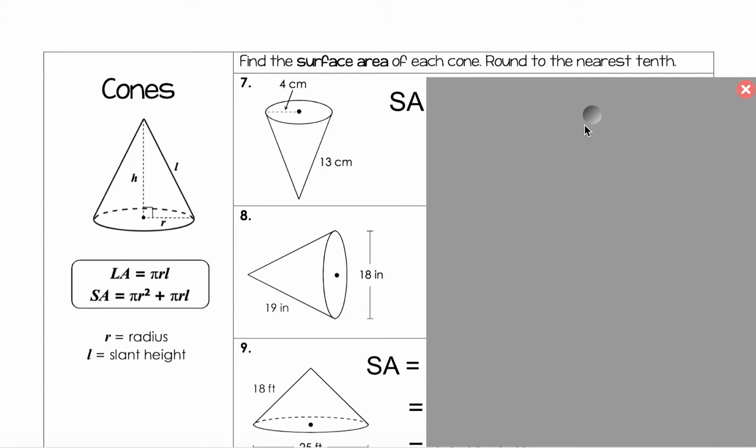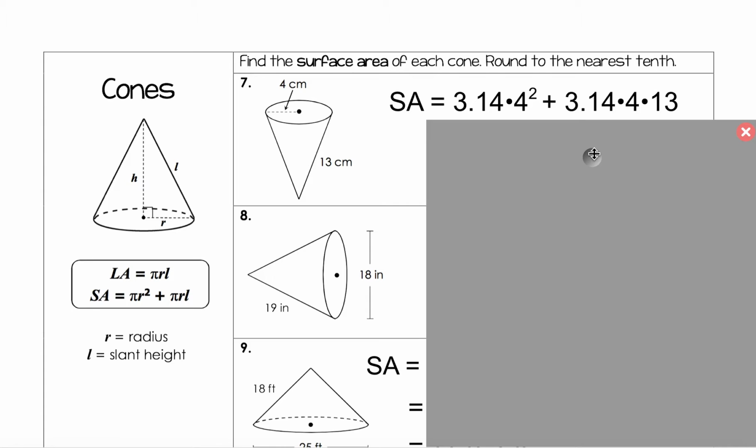So if we look at number 7, surface area, find the area of the base, I'm going to be doing 3.14 times 4 squared. That gets me my base. And then to find my lateral area, which is that sector, I'm going to be doing 3.14 times 4 times 13. I got the radius there and the slant height there.